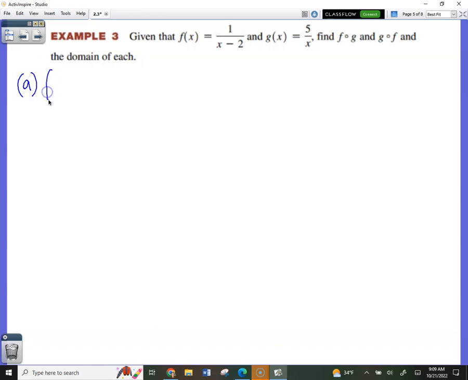I'll find f of g right here and g of f over here, and then I'll come underneath them and discuss domain. So y'all try it.